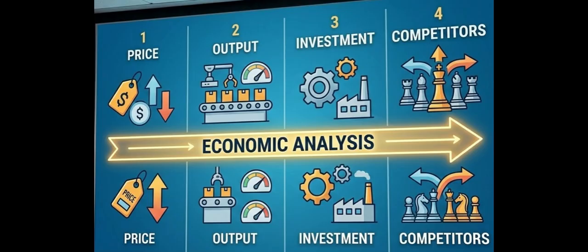This systematic process of economic analysis ensures that when a company decides to expand production, they must first explicitly analyze all four critical factors provided in the text.